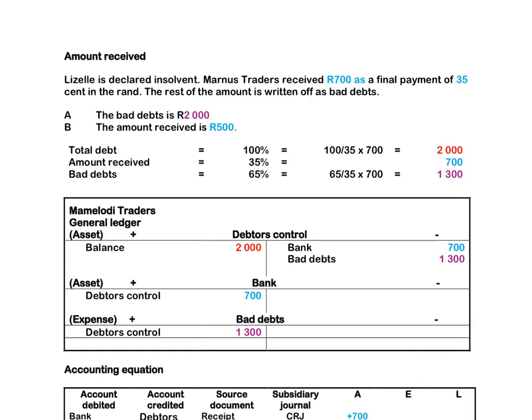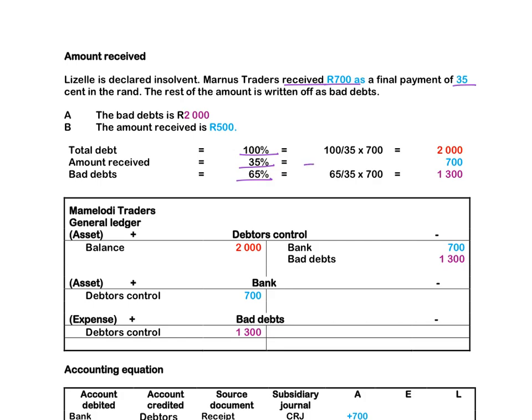Zell is declared insolvent. Marnus traders received 700 as a final payment of 35 cents in the Rand. So the amount received is now given. The total debt is 100%. The amount received is 35% of the debt, and bad debt is 65% of the total debt.